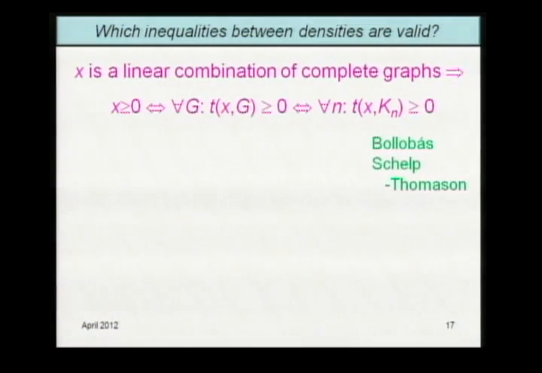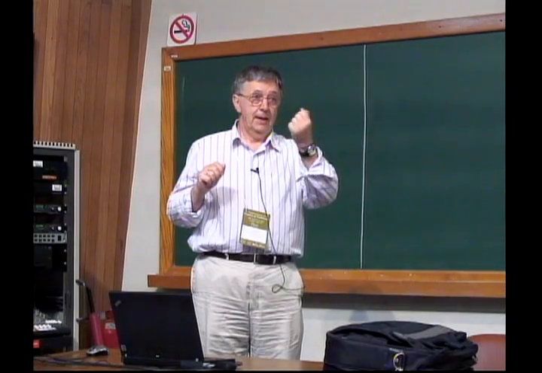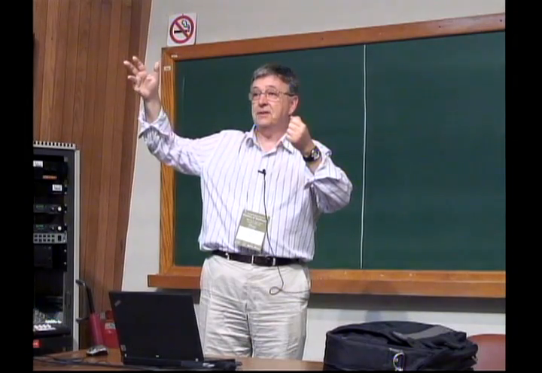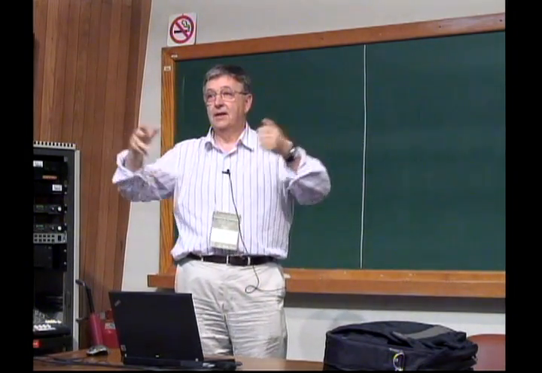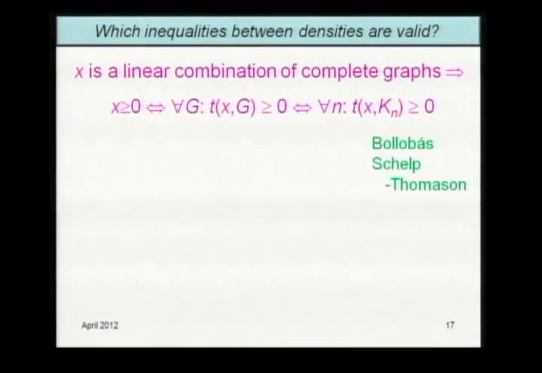Now it turns out that the Bollobás theorem I quoted, which is actually more general, and was a little bit further generalized by Schelp and Thomason, tells you the following: if X is a very special kind of graph expression, just a linear combination of complete graphs, so talking about maybe edge density minus 3 times the triangle density plus 50 times the density of 5 cycles, some kind of linear combination like this, then there is a simple criterion to decide whether it holds.